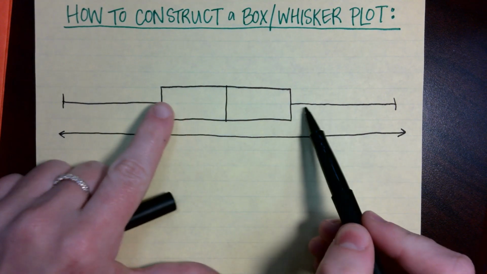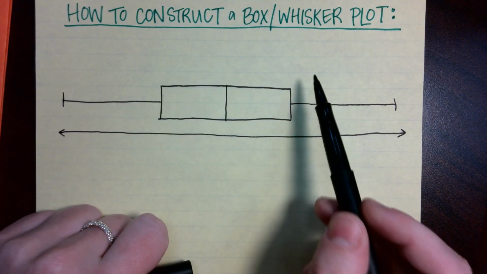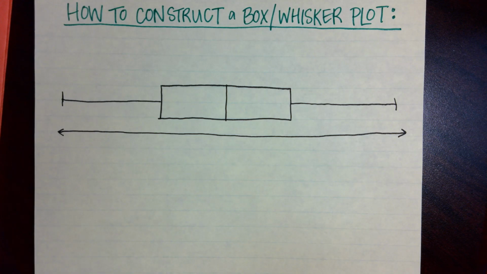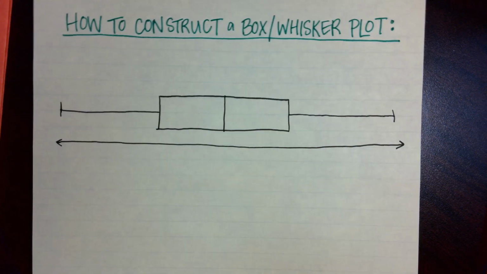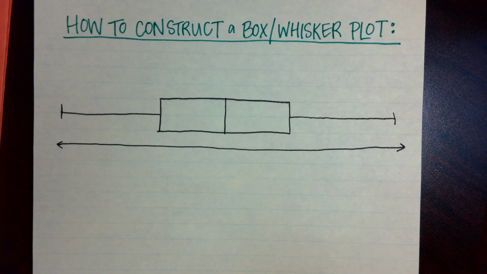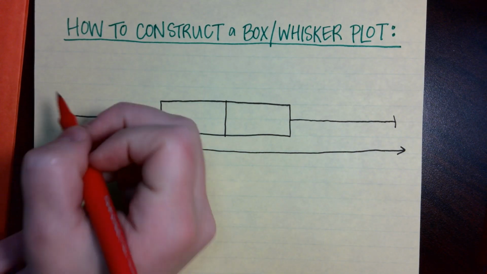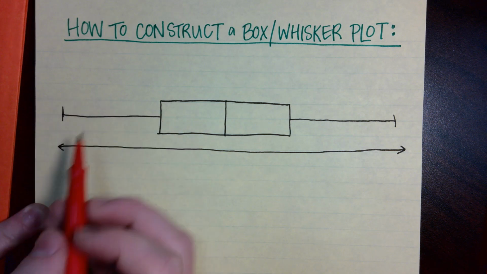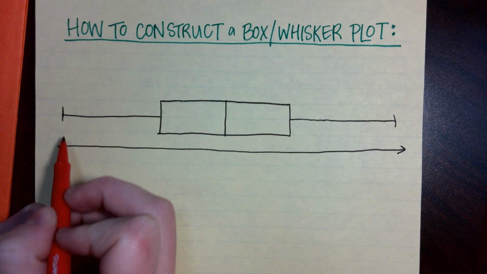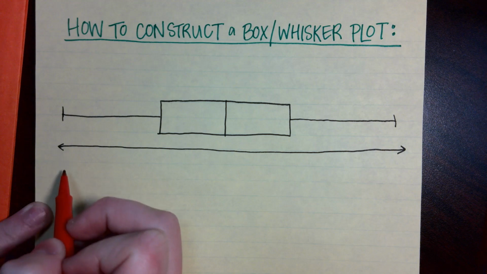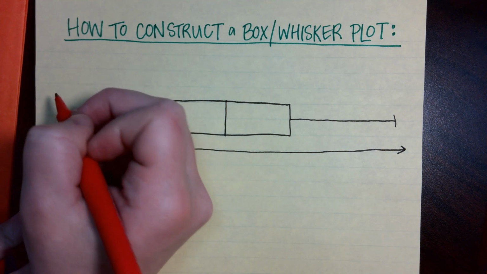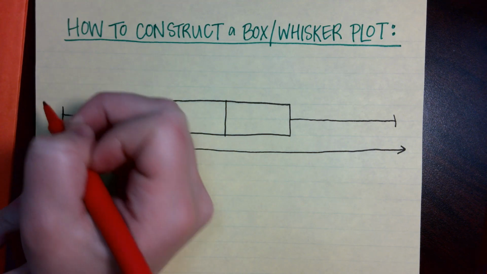So this is what your box and whisker plot is going to look like. It's going to be 2 long whiskers with a box in the middle, and each part of this box and whisker plot has a very specific purpose and must be labeled a very specific way. So let me give you those labels. So this point right here, you will line it up on your number line that you're given with whatever your data says is the smallest value.